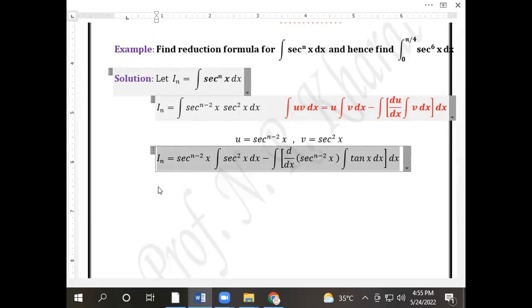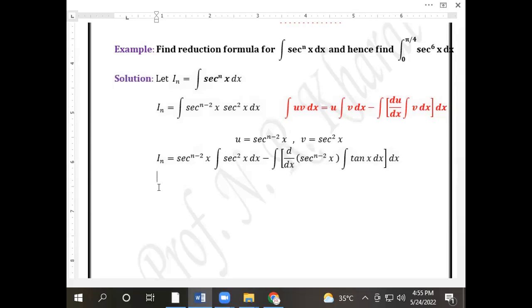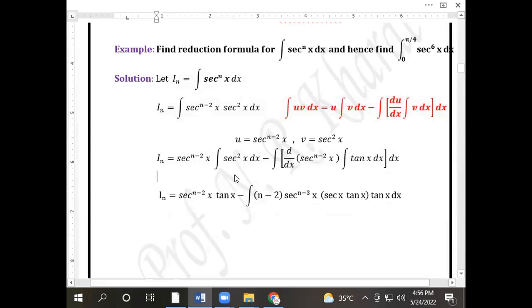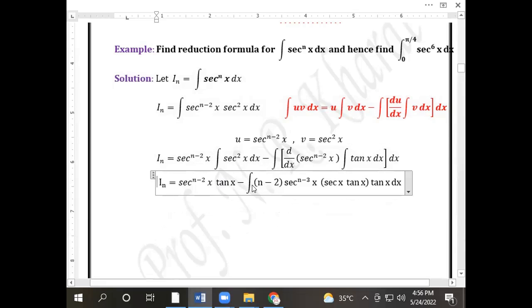After taking the integration of sec square x, it becomes tan x. And we have to find the derivative of sec raised to n minus 2. With the help of the x raised to n formula, the index of sec is reduced by 1, that is, it becomes n minus 3. And the derivative of sec is sec x tan x.